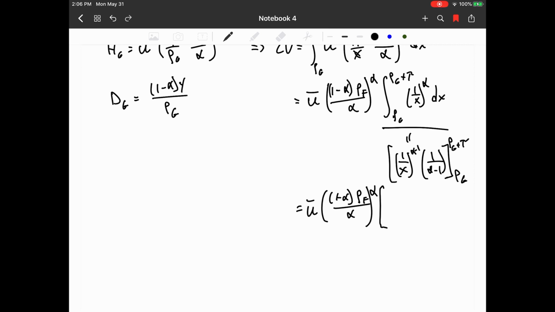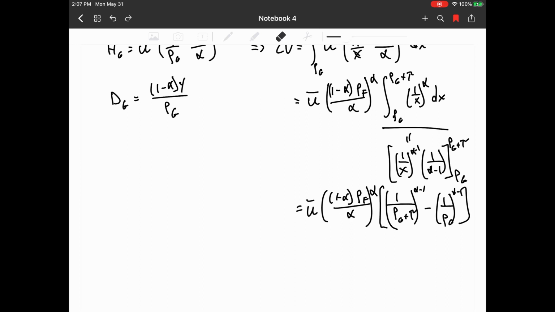Here we have 1 over PG plus tau raised to the alpha minus 1, minus 1 over PG raised to the alpha minus 1.